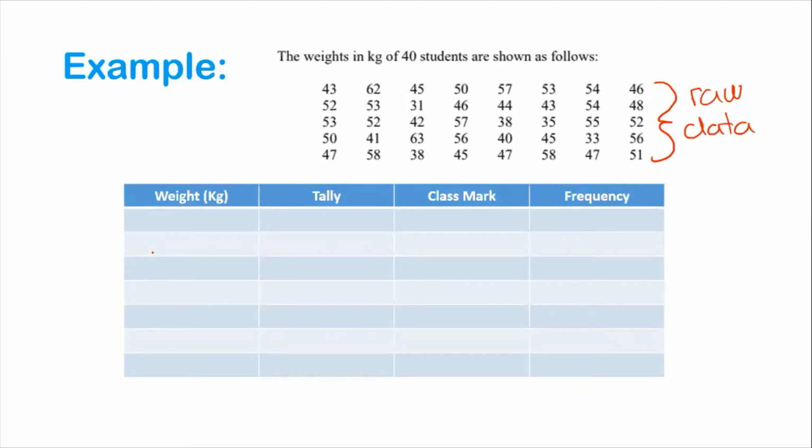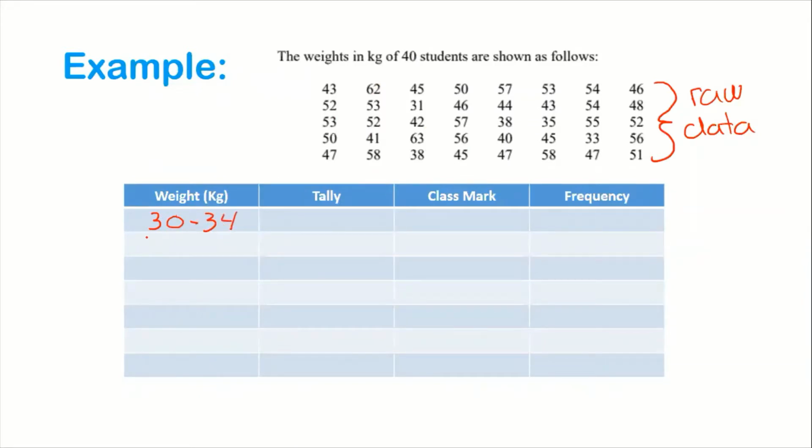To do so, we're going to start off by having intervals. Now these intervals have to be of the same dimension, and they have to cover the entire data set. So in this case, we're going to start off by saying 30 to 34.